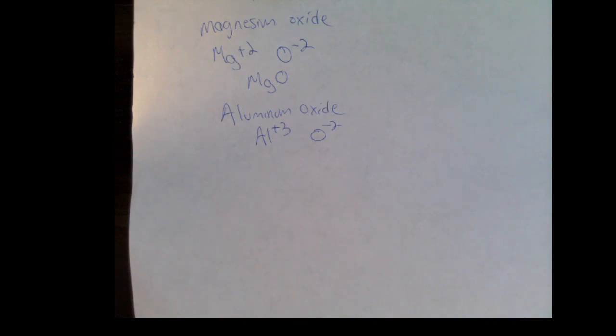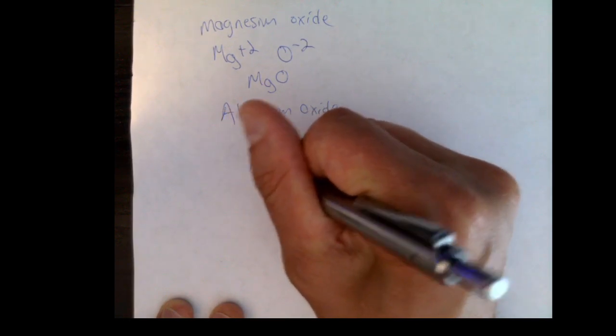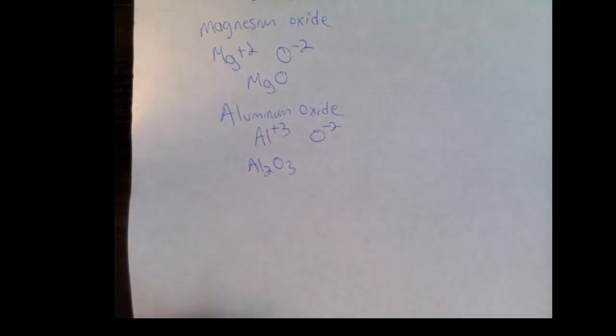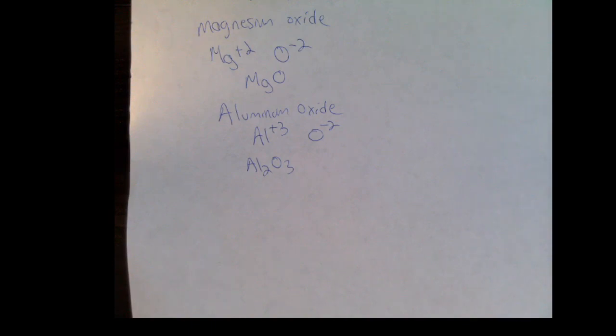Because when you form an ionic compound out of these, you got to get the charges to balance. Well, most of them tend to get that we need 2 aluminums and 3 oxygens, because you want the total positive charge to be +6 and the total negative charge to be -6 so that they cancel out.